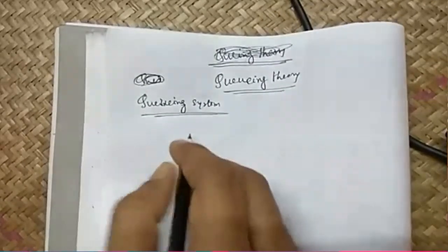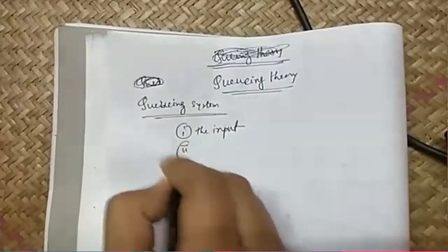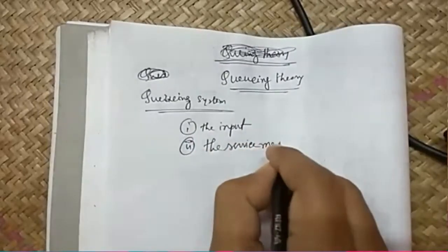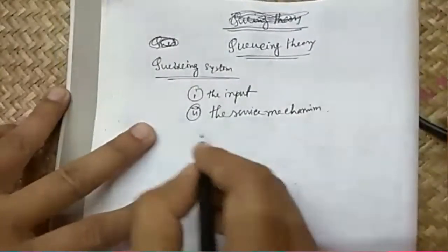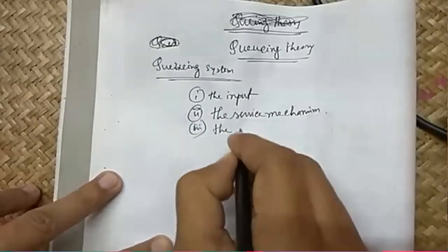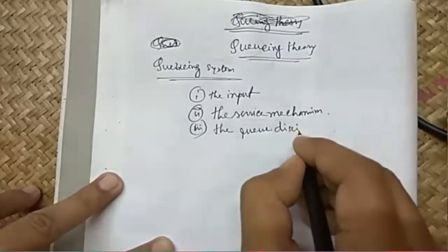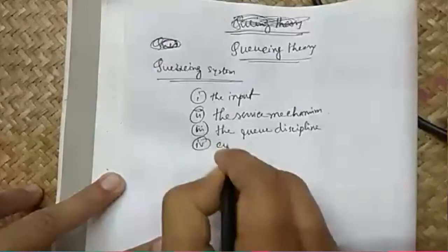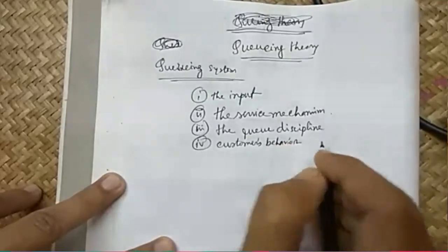This queuing system comprises of the input; second, the service mechanism; number three, the queue discipline; number four, the customer's behavior.